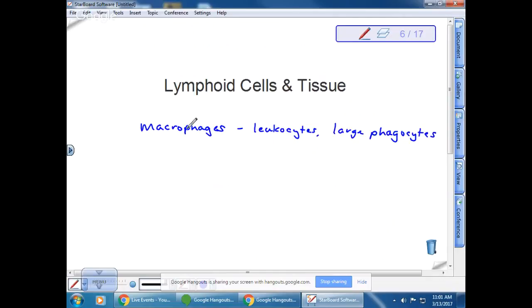The lymph nodes are composed of reticular connective tissue. Reticular means that they have lots of little spaces due to the presence of fibers, right? So it's like a net. Each node has a net of connective tissue, and this is where the macrophages reside.